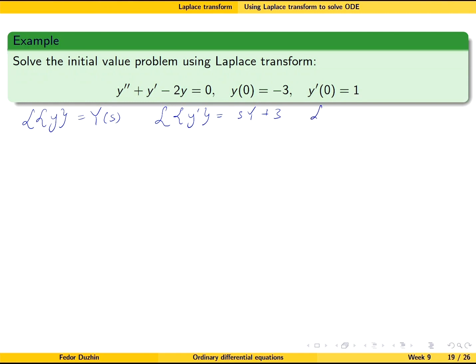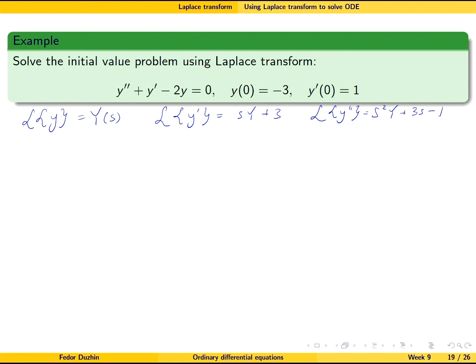And then L of y double prime is s squared Y minus s times y of 0, and y of 0 is 3, so it is going to be plus 3s, and then minus y prime of 0, and y prime of 0 is 1.